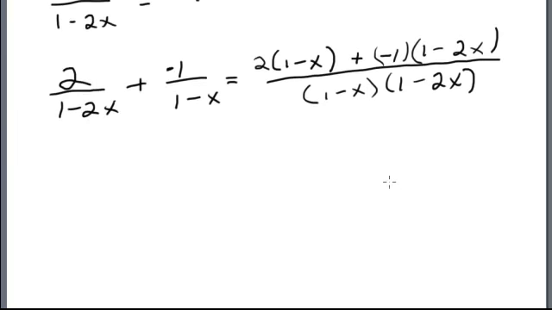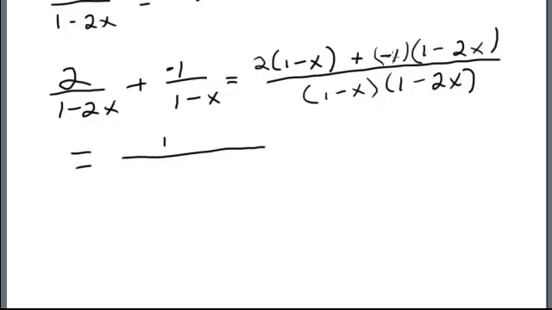And so when we do all the manipulation, in the numerator we got a 2 and a minus 1, so that's going to be 1. Then we got a negative x from the first product, and 2 times negative x gives a negative 2x, and negative times negative 2x is a positive 2x, so they cancel out.